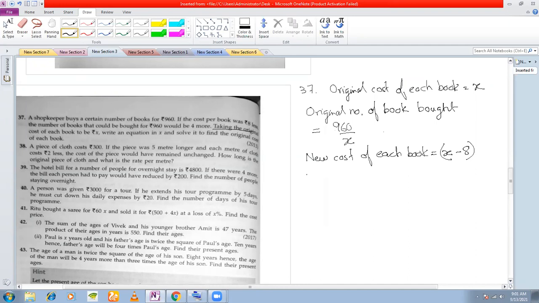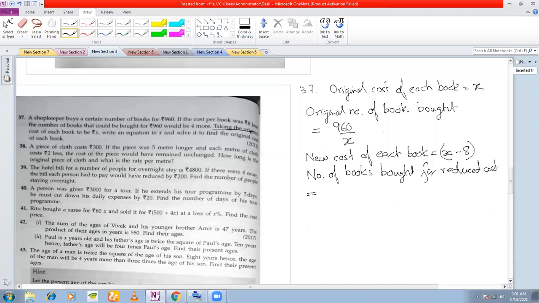So number of books bought for a reduced cost. Now he's buying how many books?